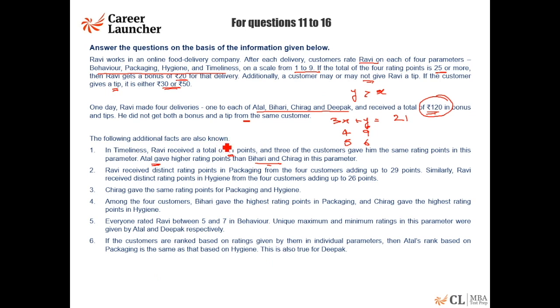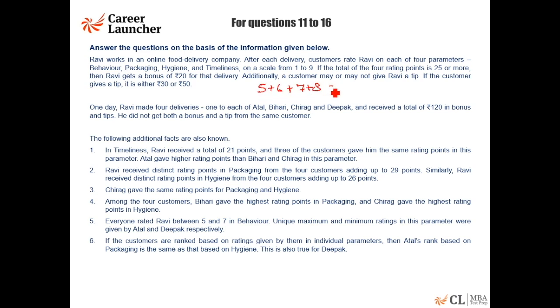So how do you get this 26 in 4 distinct rating points? Let's check out. What is 26 by 4? Because these are 4 people, it is 6.5. So 6, 7, 5, 8. 5 plus 6 plus 7 plus 8 will be equal to 26. This is one case possible.